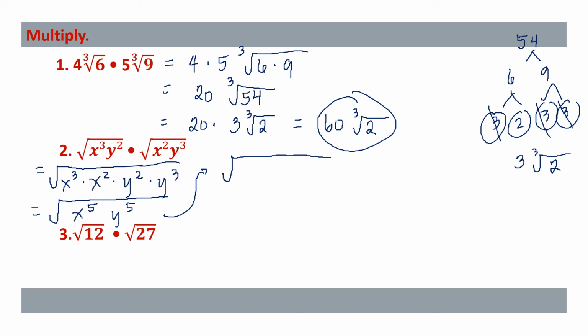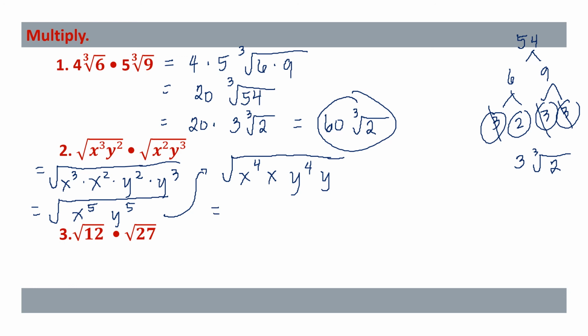Split x to the fifth power in such a way that one of them is a perfect square. So we have x to the fourth power times x. Same with y to the fifth power, split it into two factors wherein one of them is a perfect square. We're going to have y to the fourth power times y.